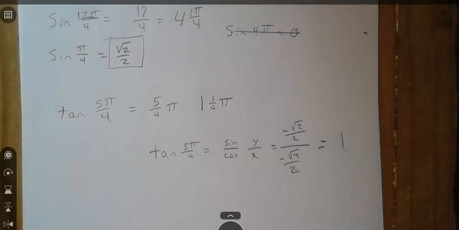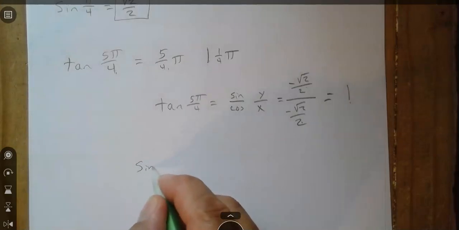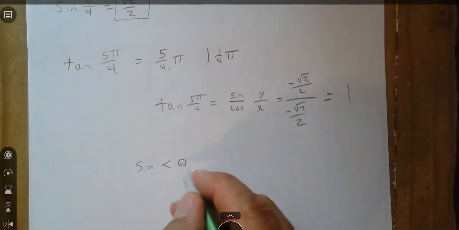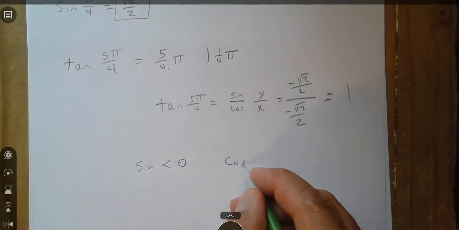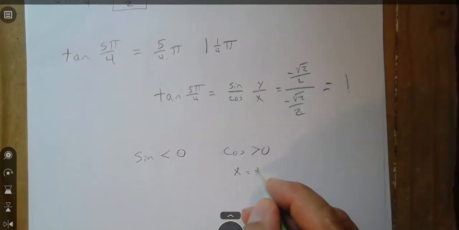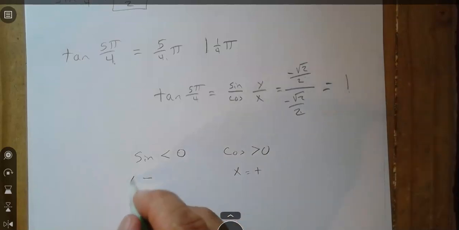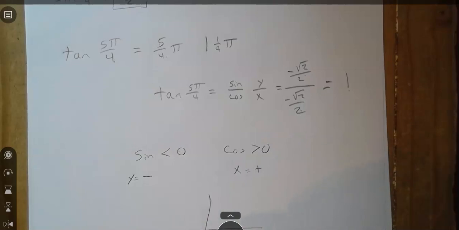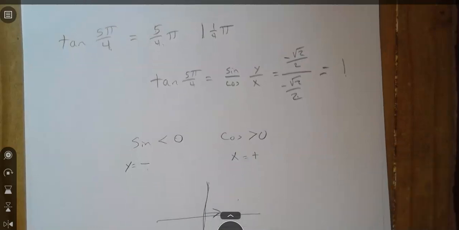Well, sine is less than 0 and cosine is greater than 0, then that just means my x is positive and my y is negative. So my x is positive, everything to the right, right? So I'm either in the first quadrant or the fourth quadrant. Well, my sine is negative, so that means I am in my fourth quadrant.